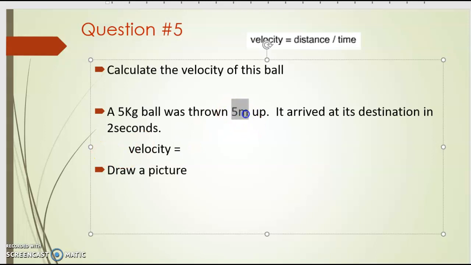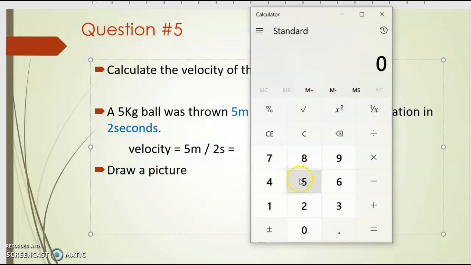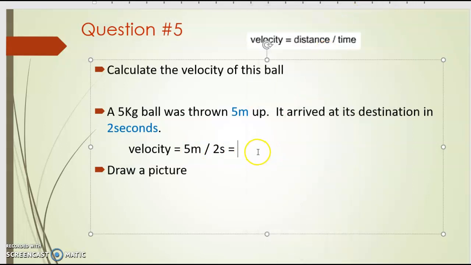The 5 meters is the distance, right? 5 meters divided by time. Well, 2 seconds is the time. And again, calculators, you don't have to do math in your head. The 5 comes first. It goes in the calculator first. 5 divided by 2 equals 2.5, right? 2.5 what? Meters per second.